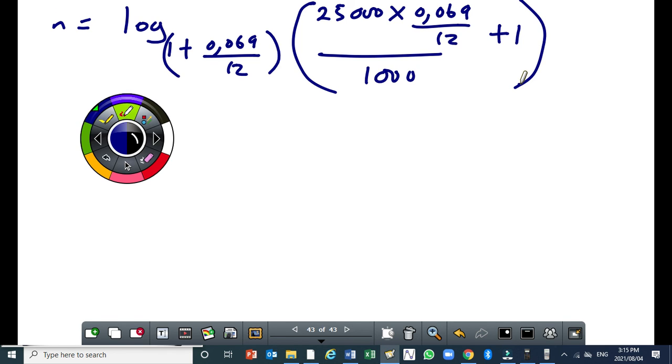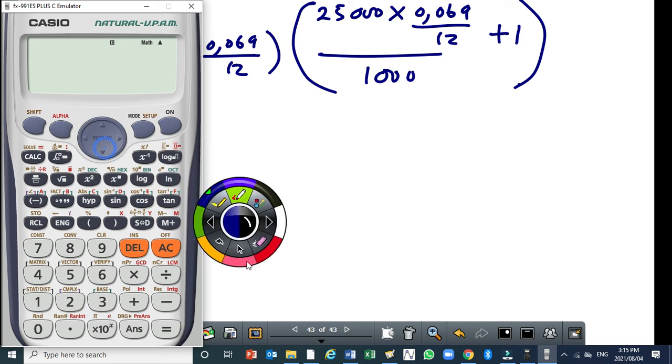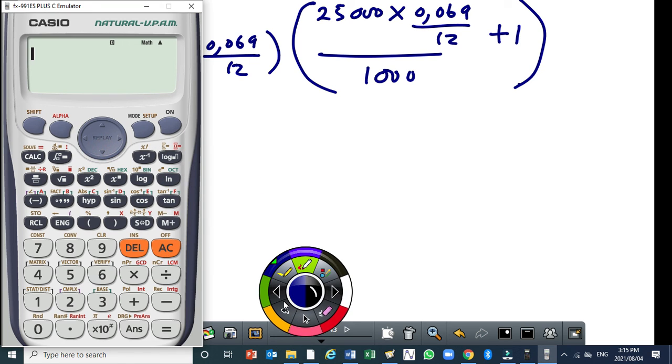So let's bring the calculator. You have to be very careful. Here, we are going to say logarithm. Our base is that. So it's going to be 1 plus fraction option, 0.069 divided by 12.